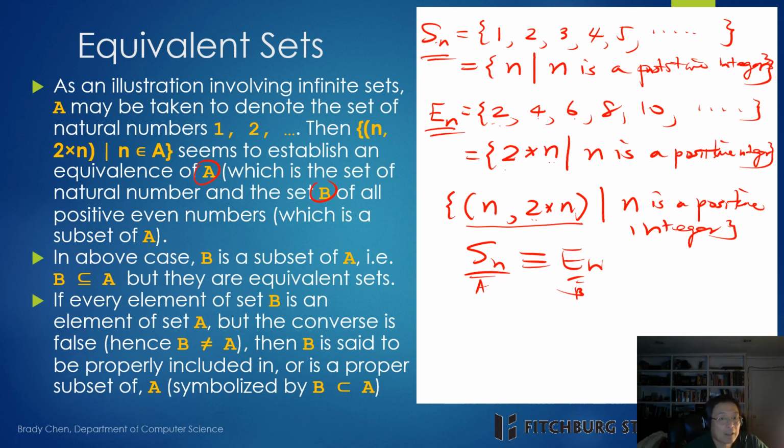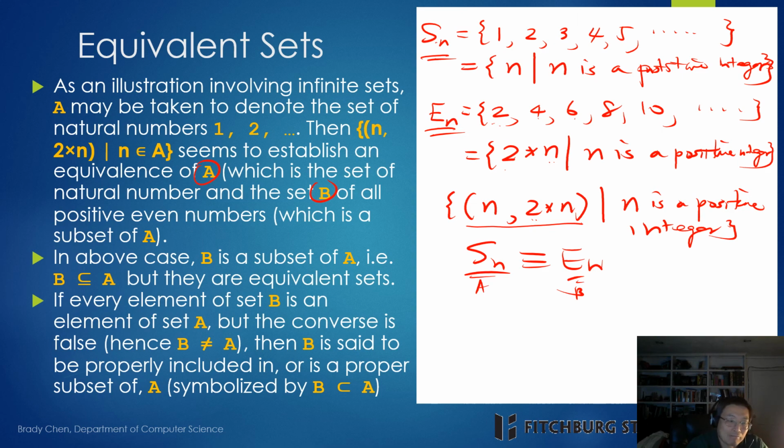That question looks kind of stupid because they're infinite sets. How can we talk about the number of elements? They're infinite, right? But when we build the equivalence, then you can say that if two sets are equivalent, they have pretty much the same number of elements.